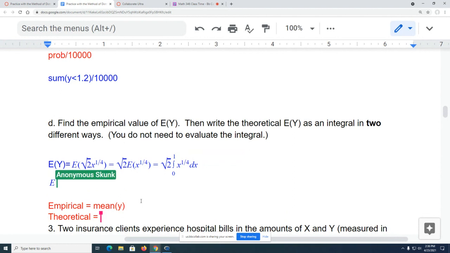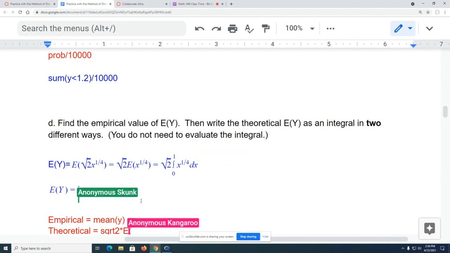Back when all you knew was continuous random variables, finding their expected values, finding the expected value of a function g of x of a random variable.